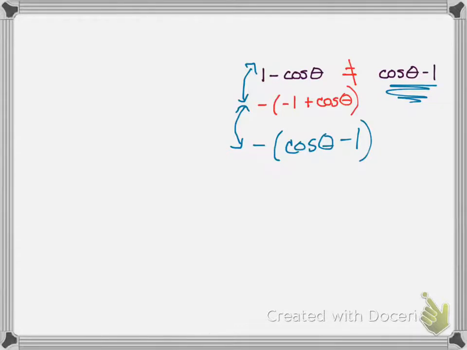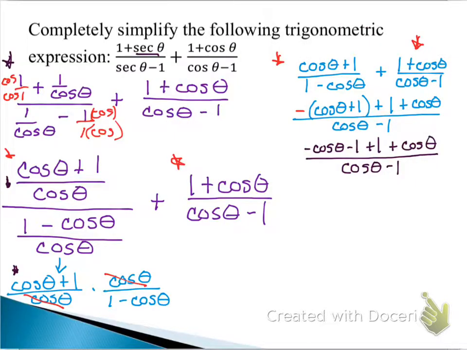So now we have cosine theta minus 1. If I put that negative in the numerator, now I have negative times the quantity cosine theta plus 1, plus 1 plus cosine theta, and it's all over cosine theta minus 1.